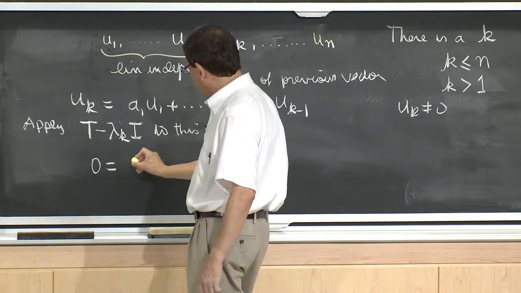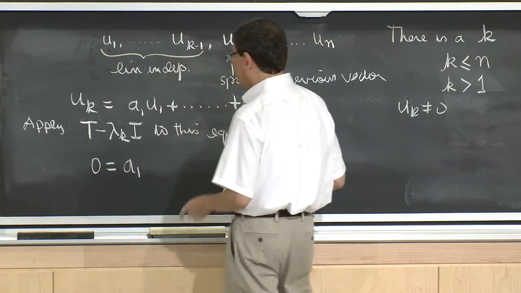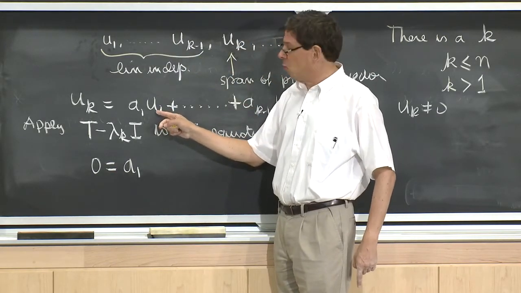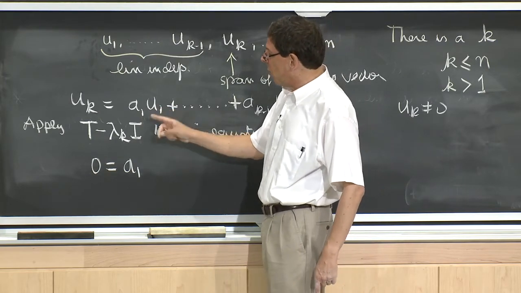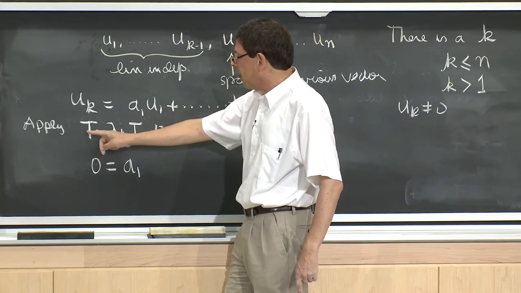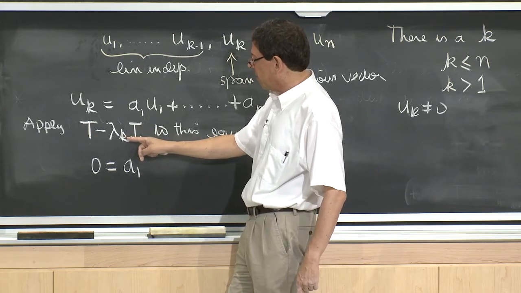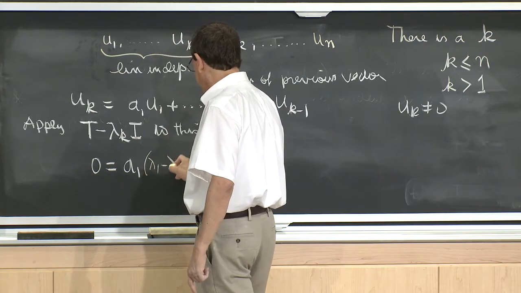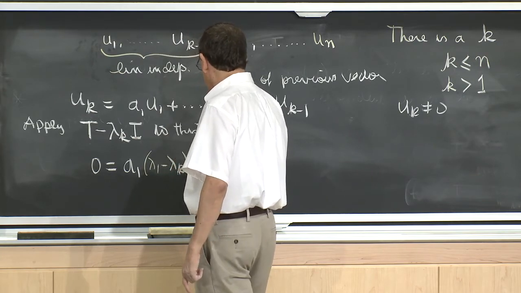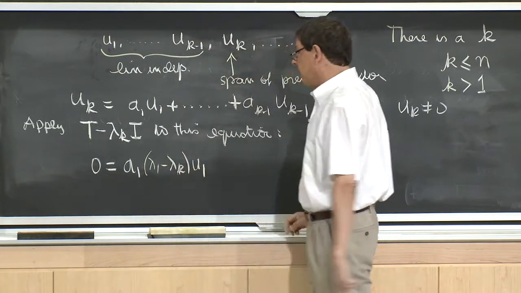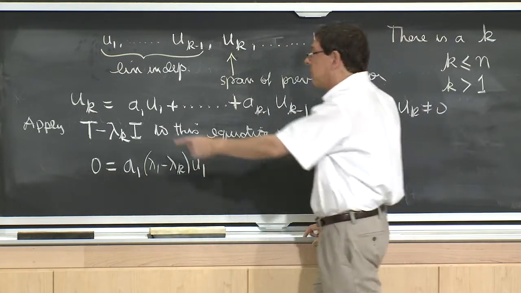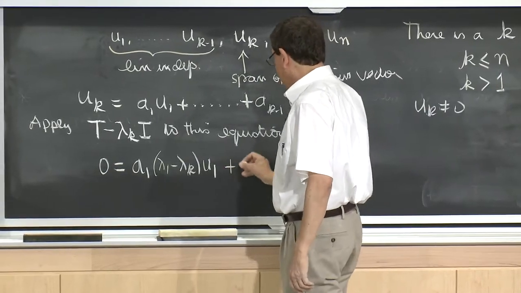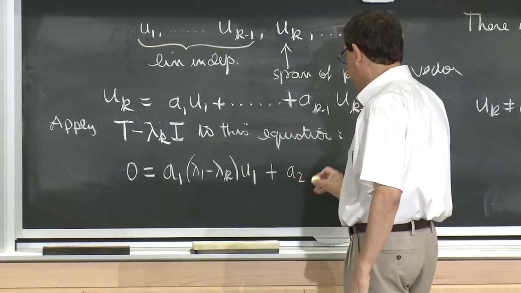And then you get a1. And this operator, however, doesn't kill u1, because acting on u1, it gives you lambda 1 minus lambda k. And all the lambdas are different, and lambda k is different from lambda 1. And then, I could write the second to make it more visible for you.